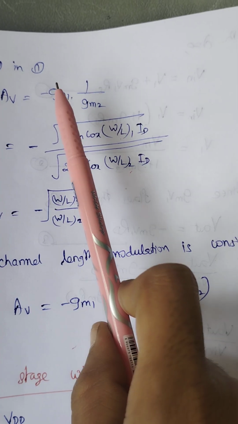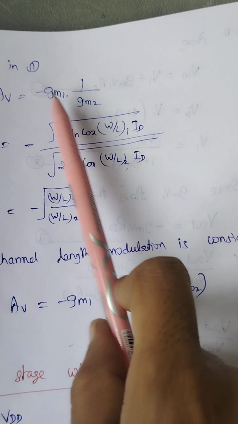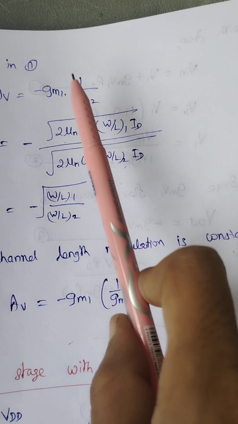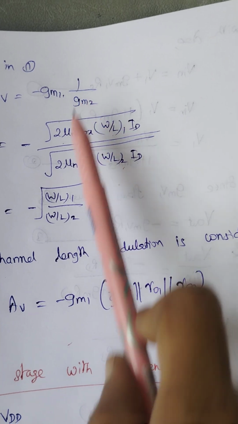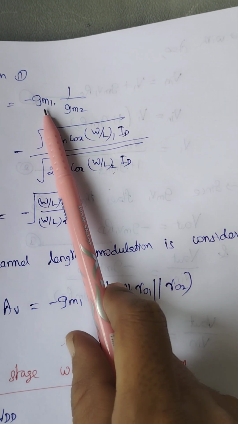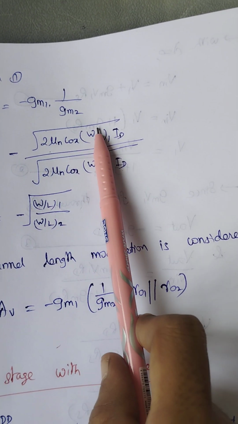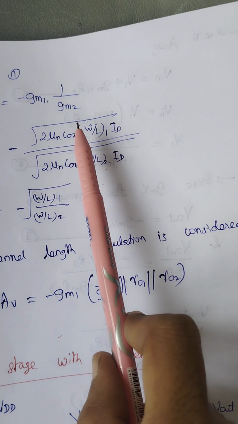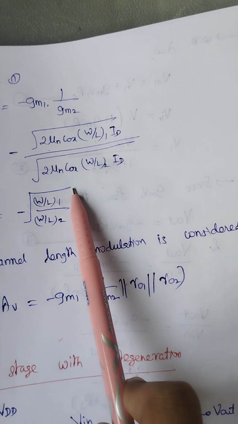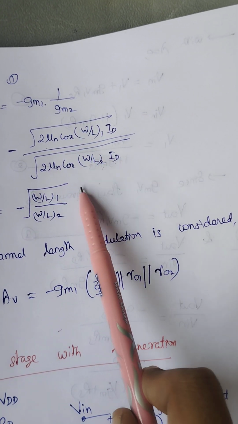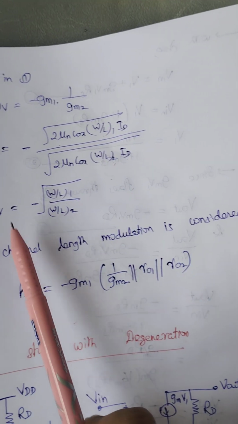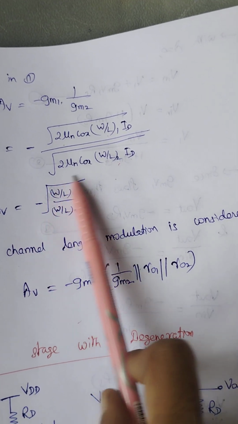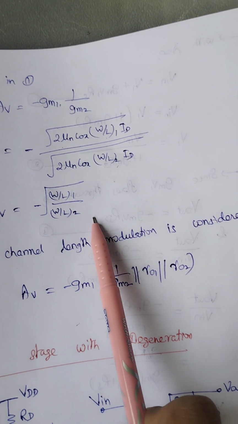Here gm1 is the transconductance of the first transistor M1 and gm2 is that of the second transistor M2, with W by L of 1 and W by L of 2. You can substitute these two transconductance values and remove the common terms. Finally you will get AV equal to minus root of W by L of 1 divided by W by L of 2.